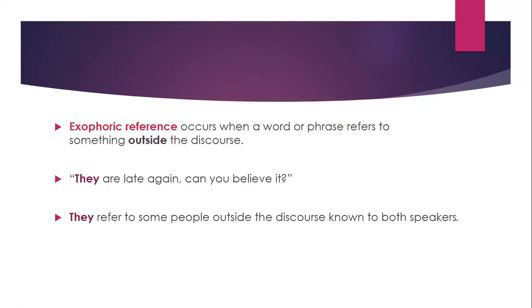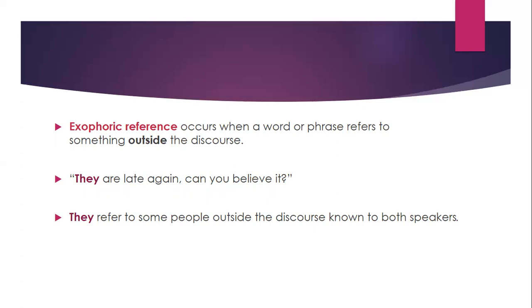Another type of reference is ectophoric reference. It occurs when a word or a phrase refers to something outside the discourse. So like when we use a word to refer to something outside the text. Here is the example of ectophoric reference. They are late again.